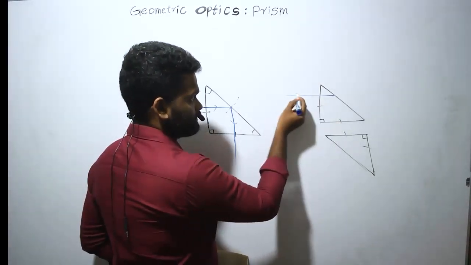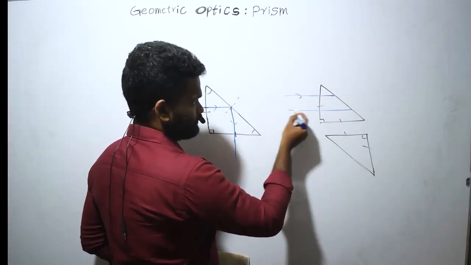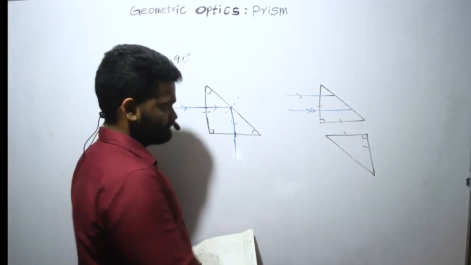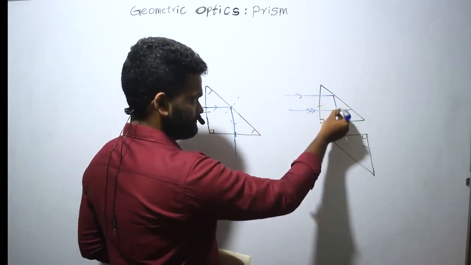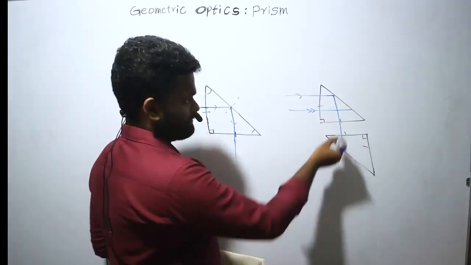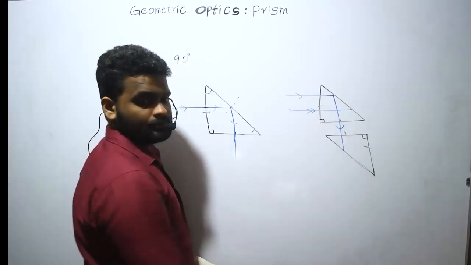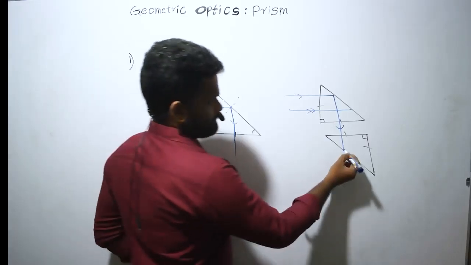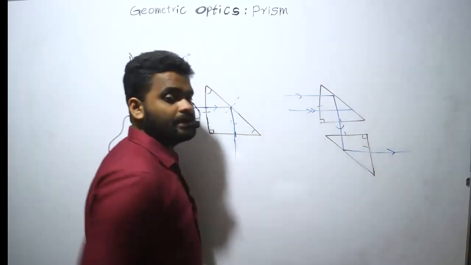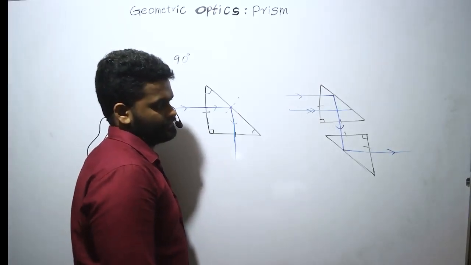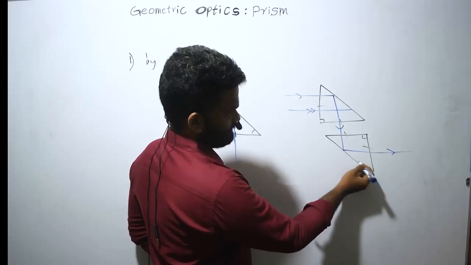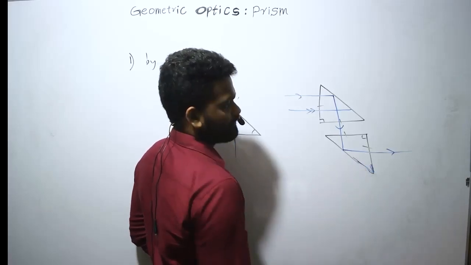Here also I'm putting two rays. One ray comes like this and goes like this. Everywhere there's total internal reflection, because greater than 45.